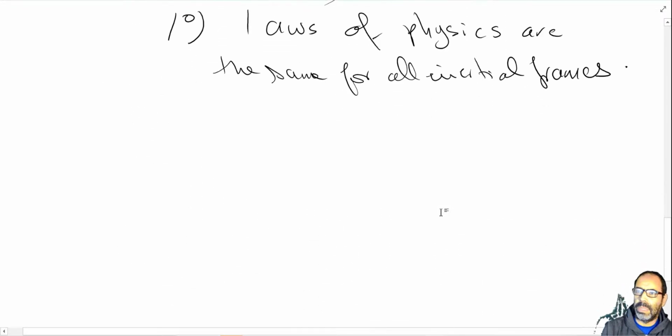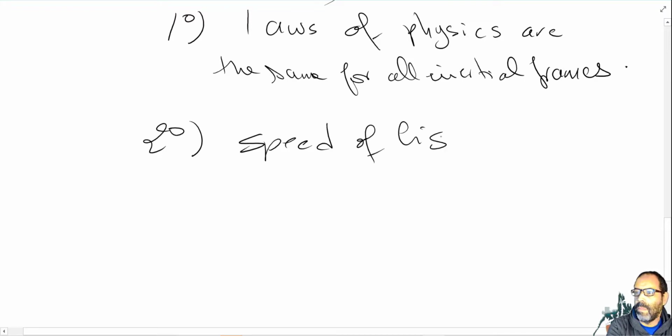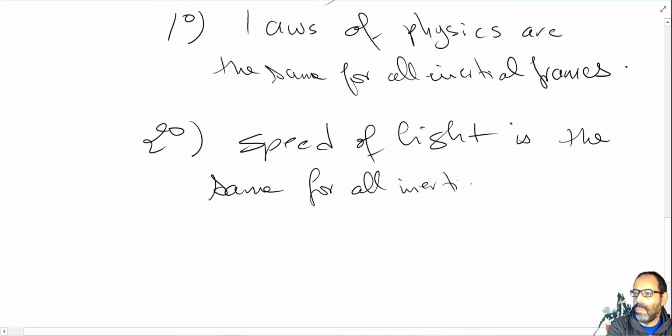The second postulate he made, because of the experiments that were conducted on light, and also some ideas he had about how information travels, is that the speed of light is the same for all inertial observers.